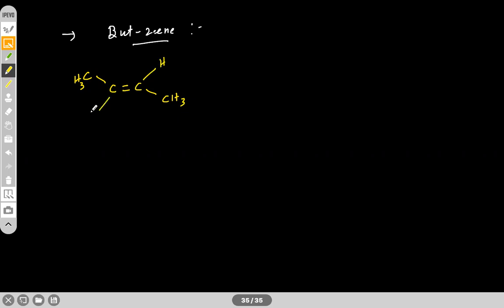Now the benefit of this particular terminology is what? Suppose I ask you to draw the structure of but-2-ene. Some of you may draw this structure, some of you may draw this, and some of you may draw this.